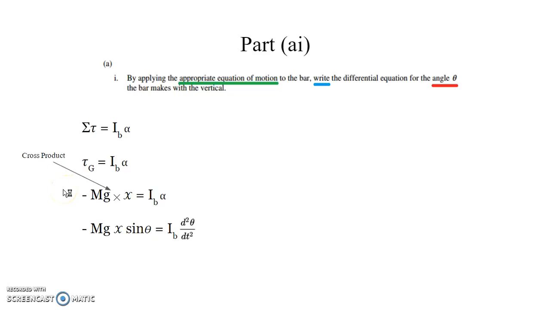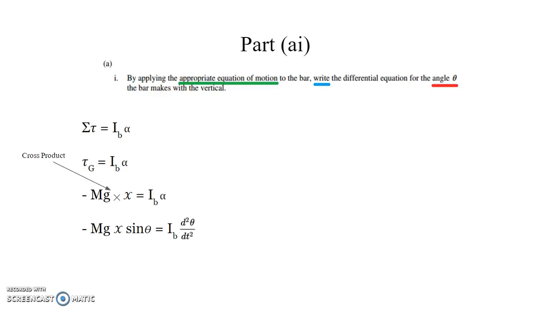It is the product of force, which in this case is only gravitational because the bar is suspended and dropped. Therefore, it is negative mg, and negative because we're going in the opposite direction. Then we multiply that by the distance from the point of rotation to where the force is applied.